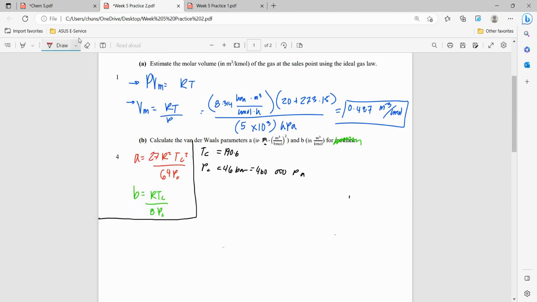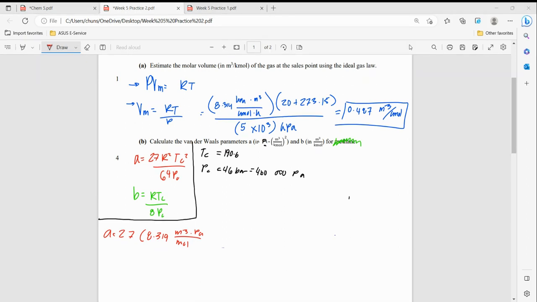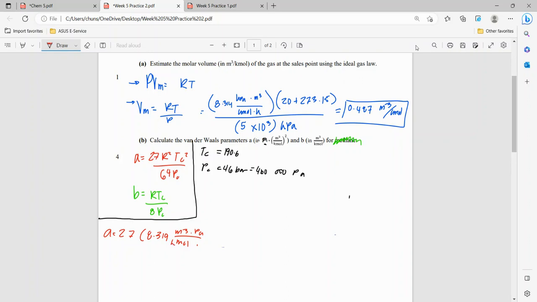Okay, working with what we got. Let's do A first. It's 27 times R, let's use 8.314, and that's meters cubed times pascals times moles per kilomoles K. Right, and our critical temperature is 190.6 squared.